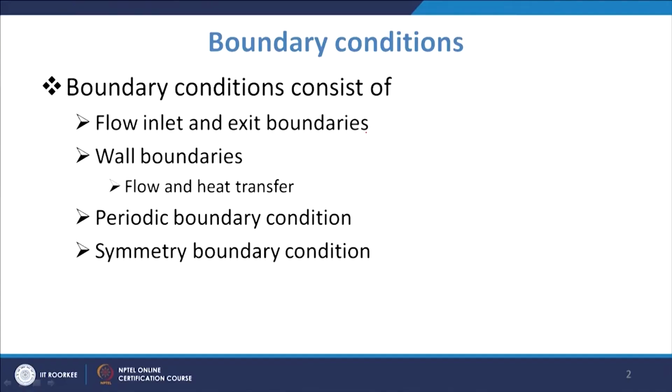Apart from that, the inlet is important, because through the inlet the material is going inside the domain. So, you have to specify what the inlet boundary conditions are, like you may specify the velocity, you may specify the pressure.